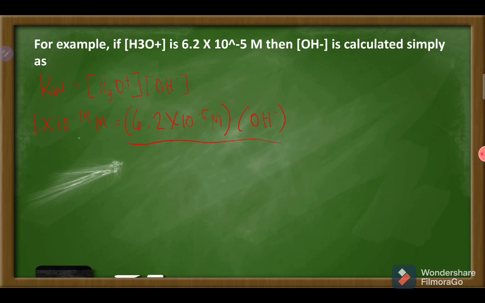So that on one side of the equation it will only be the hydroxide ion, divide both sides by 6.2 times 10 raised to negative 5. It will give us an answer of 1.6 times 10 raised to negative 10, and the unit will be molarity because we are talking about concentration.